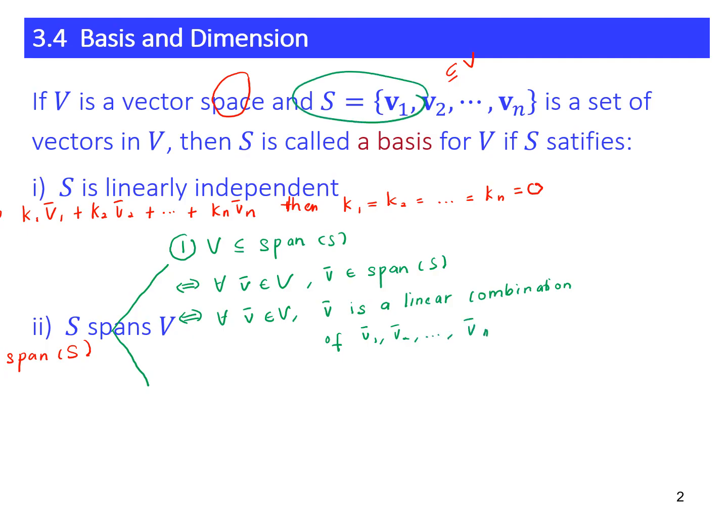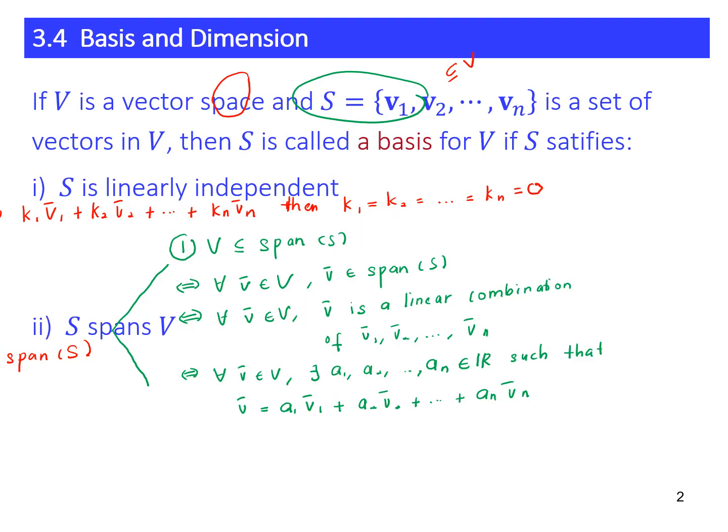That means for every V in V, there exist A1, A2 up to An, such that the vector V is equal to A1 V1 plus A2 V2 plus, up to An Vn.